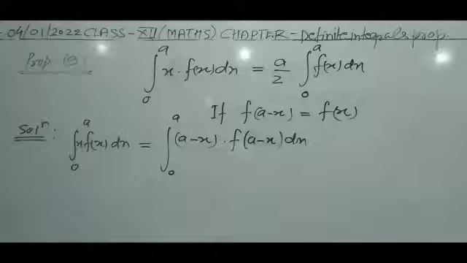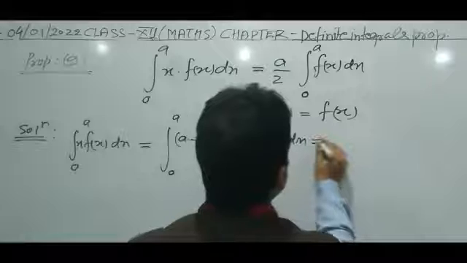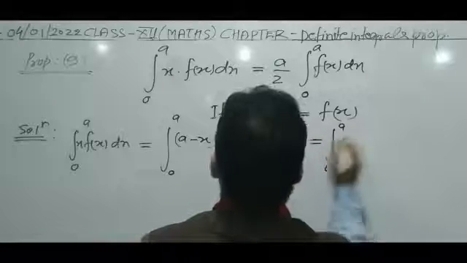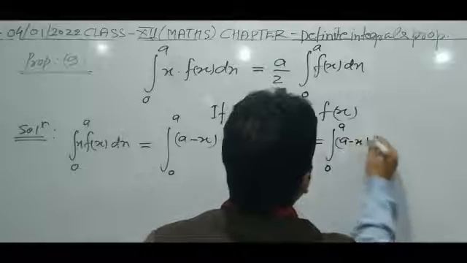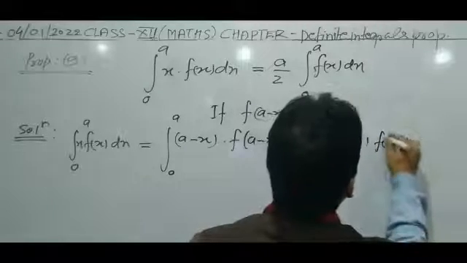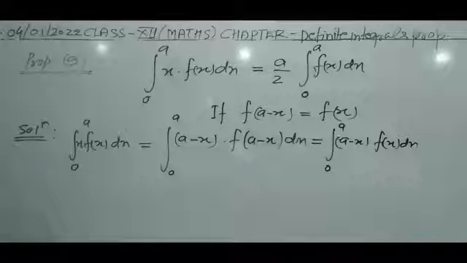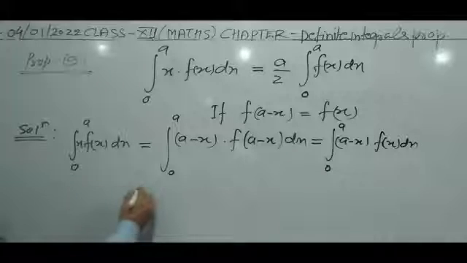By using property 4, you know, f of a minus x is equal to f of x. So by using this property we can write integration over 0 to a of (a minus x) times f of x dx, and after multiplying, what will be the result?